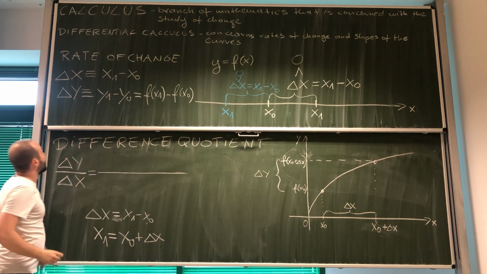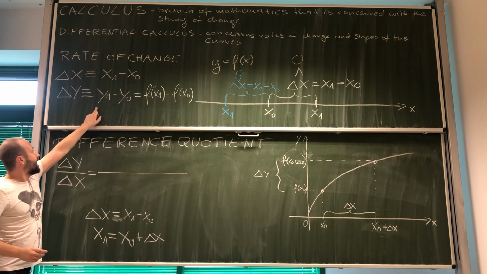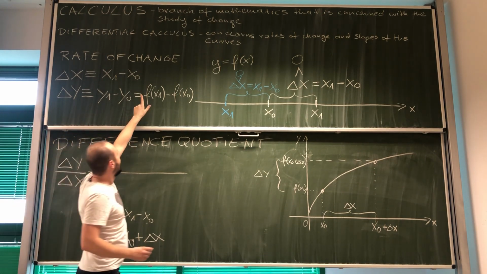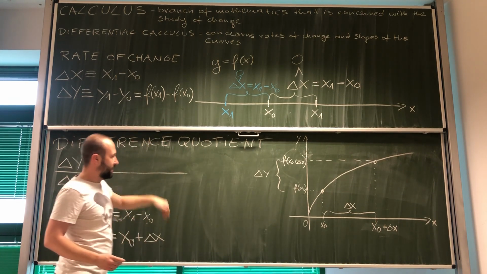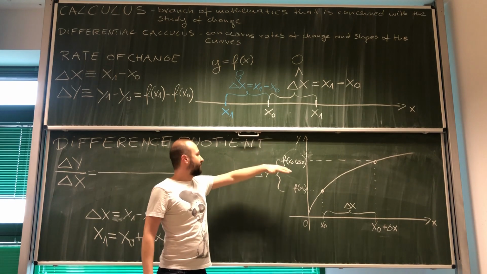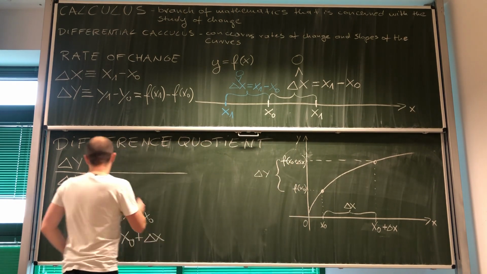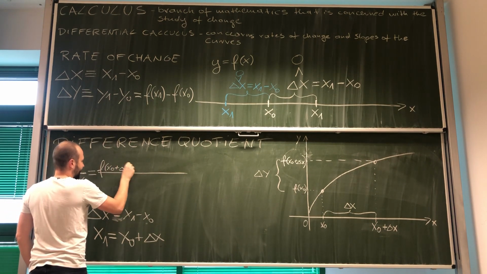Look, if I calculate delta y, it is y1 minus y0, or f of x1 minus f of x0. Our f of x1, so the latter value of y, is given by f of x0 plus delta x.